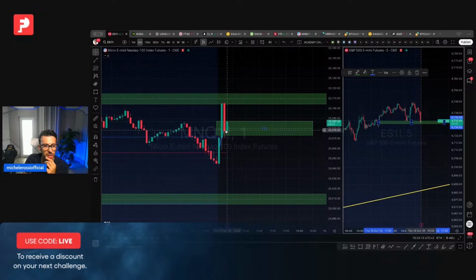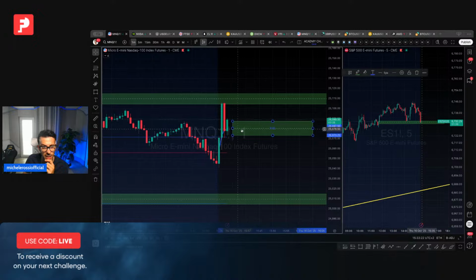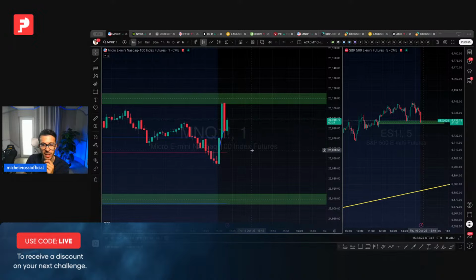Right on the spot of the VWAP. We mitigated this first fair value gap, which is just a funny way to say support and resistance.